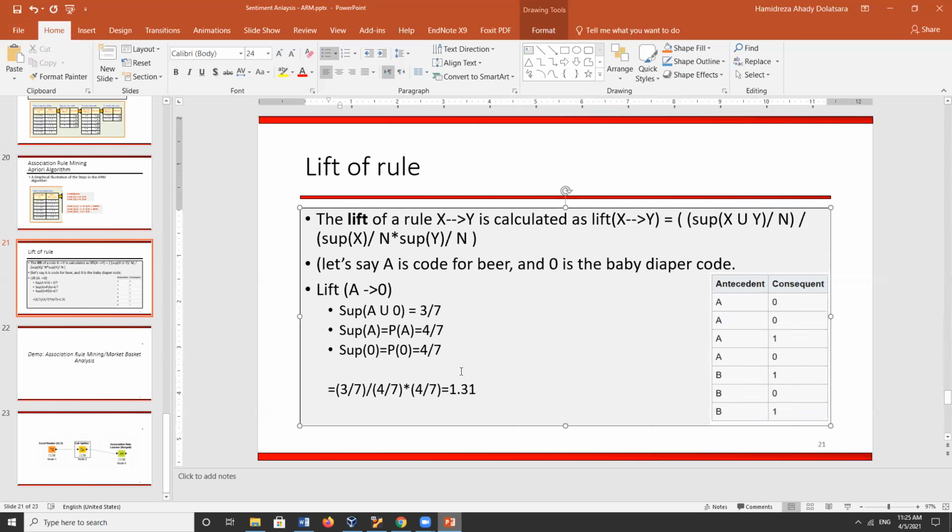There's 4 zeros. So the lift of A implies 0 is probability of union divided by probability of each of them. As you see here, lift is more than 1, 1.3. So there's a high association between A and 0 as 2 item codes.